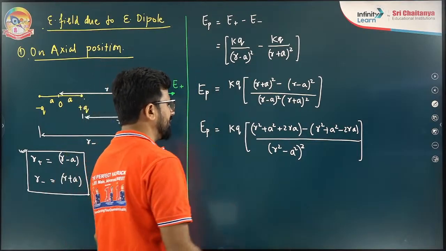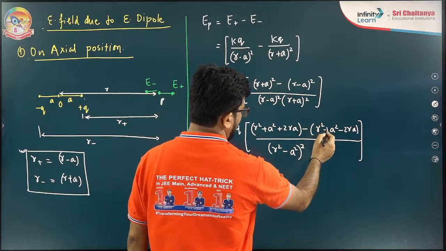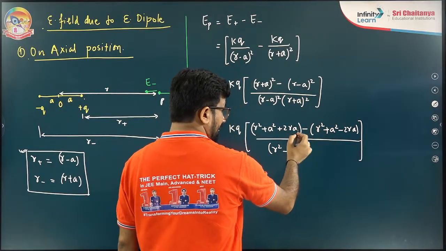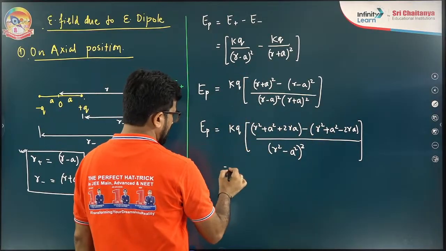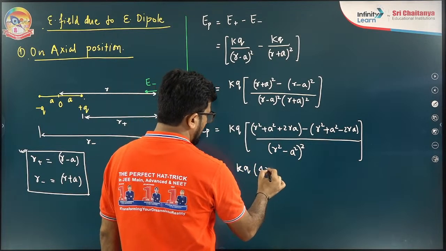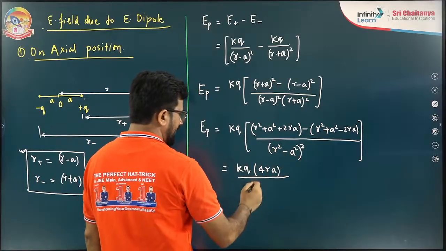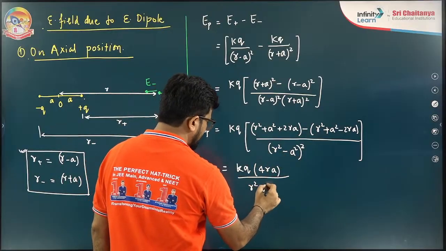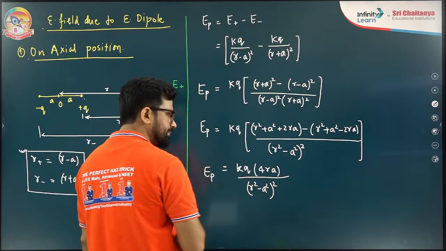Now observe carefully. r square minus r square and a square minus a square both cancel. 2ra, minus minus becomes plus, so this becomes 4ra. So in the very next line, KQ times 4ra divided by (r square minus a square) whole square is equal to the electric field at P.